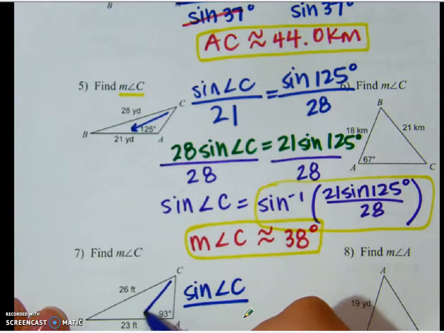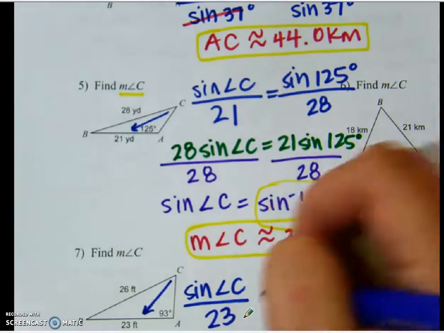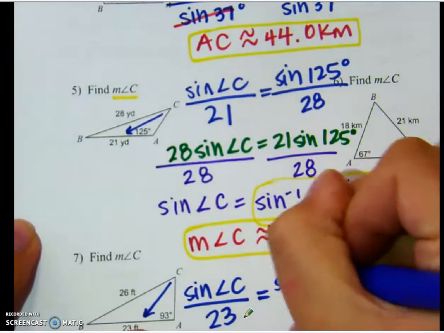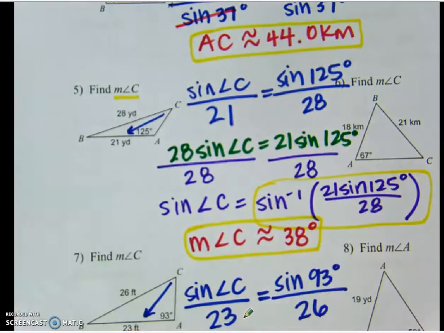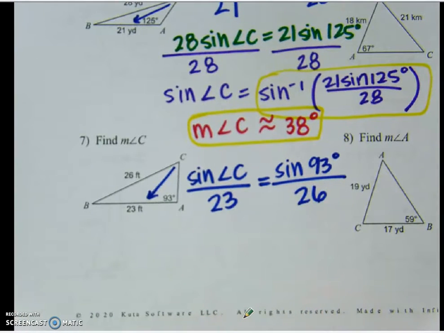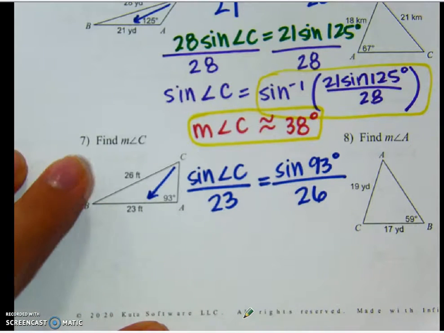And I'm going to put that over 23, because that's the side that's across. Equals the angle inside here that I know. So that would be sine 93 degrees over 26. Now at this point, it'd be cool if you'd stop the video and try the rest of the problem by yourself and then come back and see if you got it right. So put it on pause. If not, that's okay, I'm going to keep going.